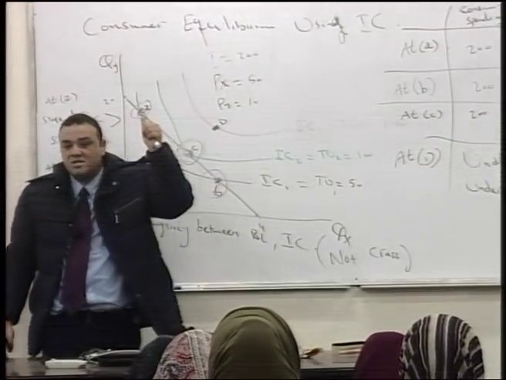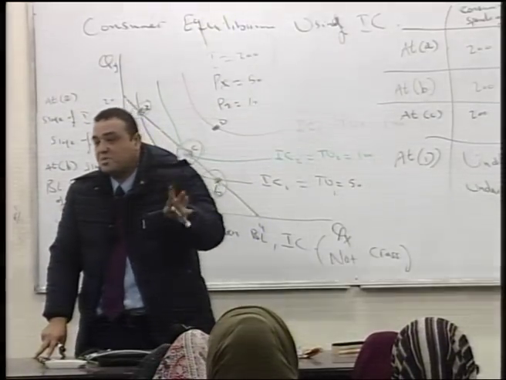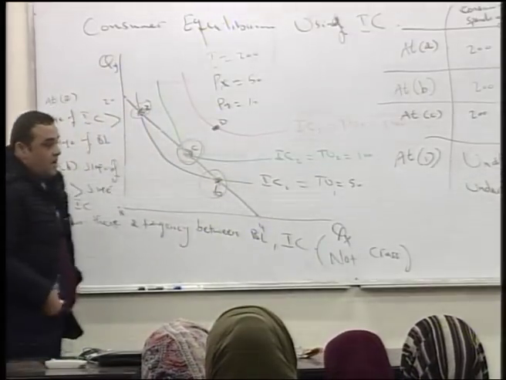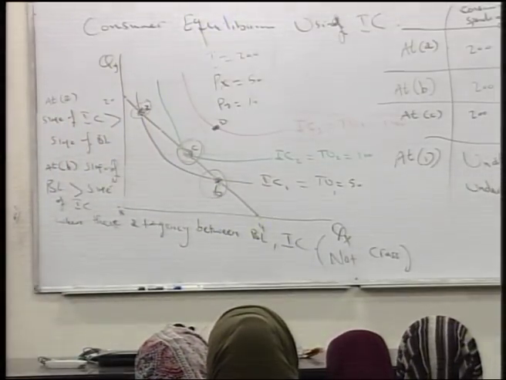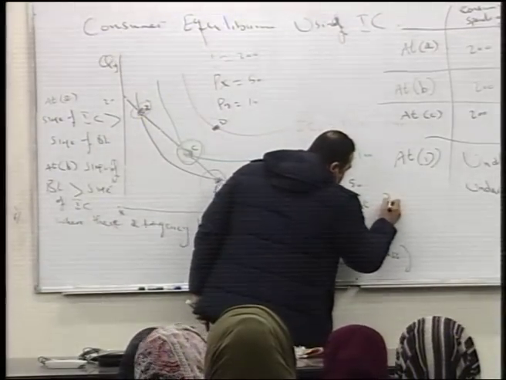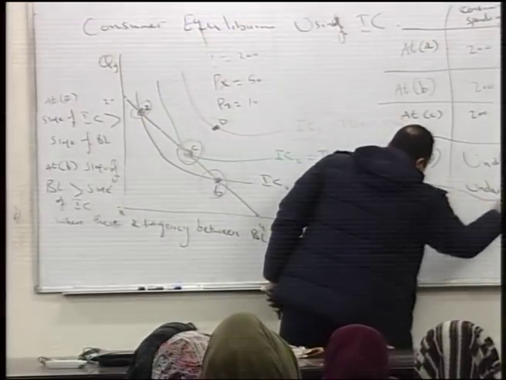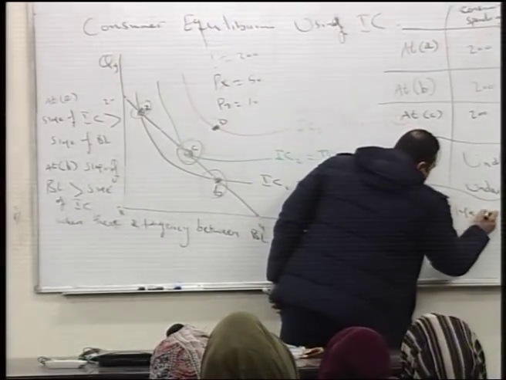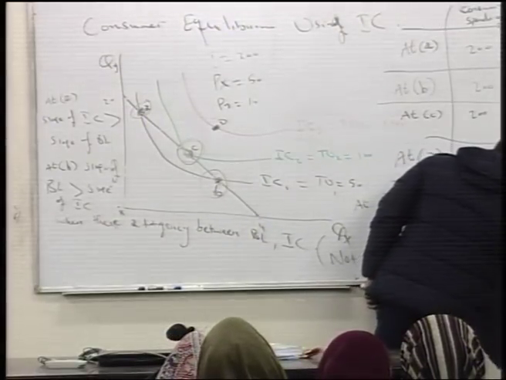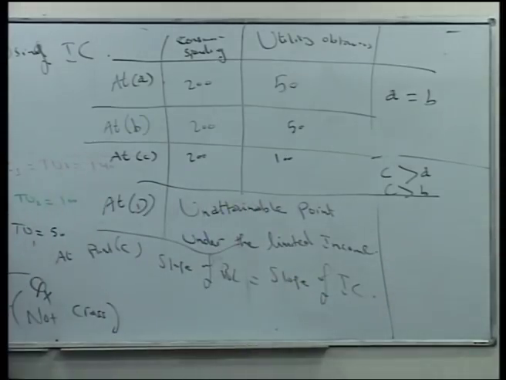Point C. So it's the optimal point, the most efficient point. The point achieves the consumer equilibrium. So at point C, slope of budget line equals the slope of IC, which is the optimal point.